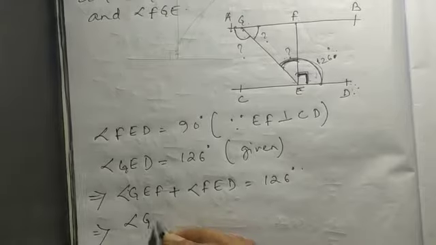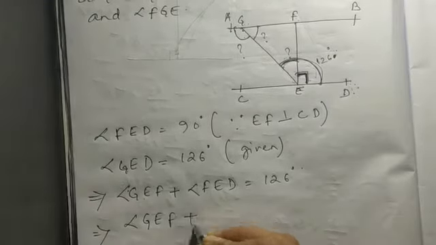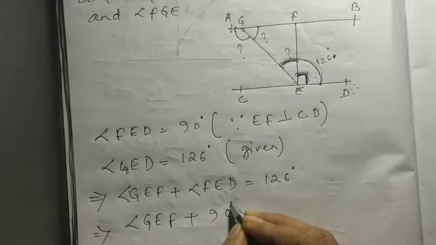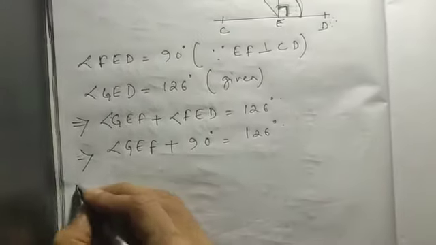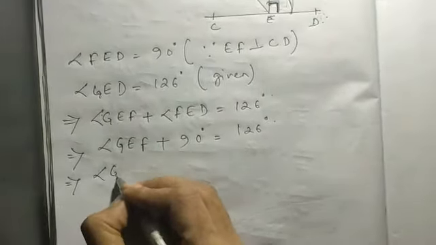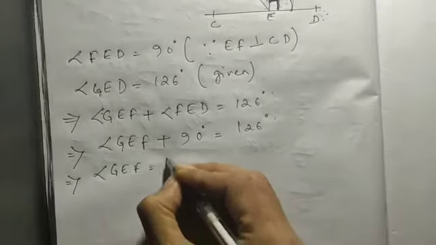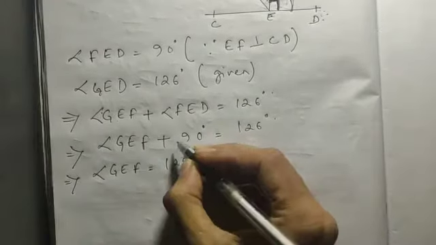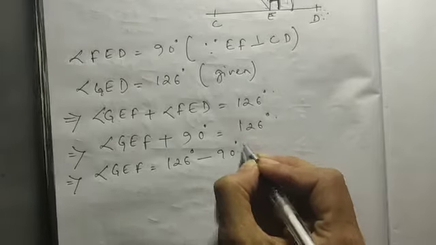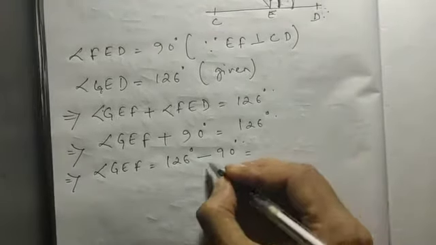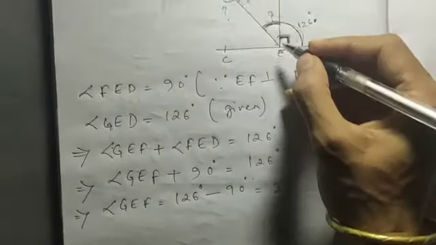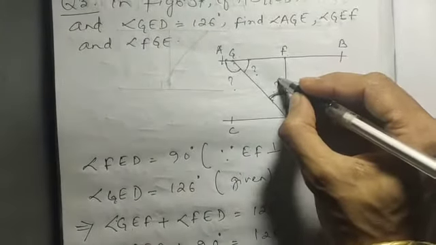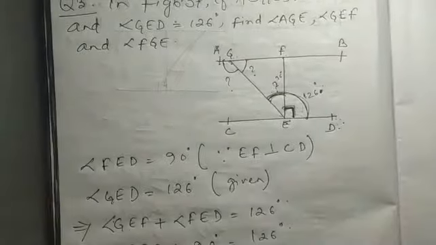GEF we don't know, we have to find out. FED we know is 90 degrees. So angle GEF is equal to 126 degrees minus 90 degrees. How much is it coming? 36 degrees. So this angle we got as 36 degrees.